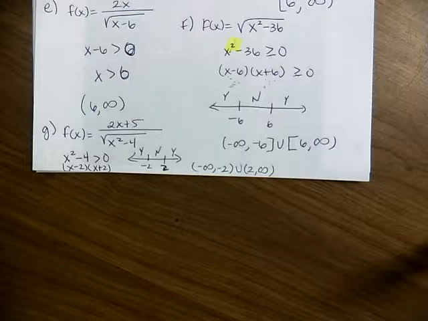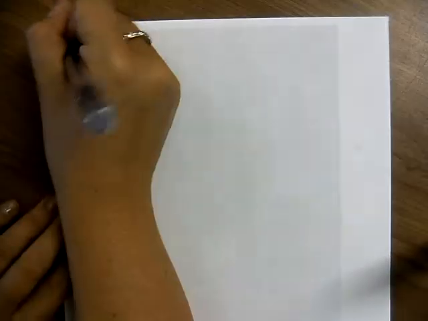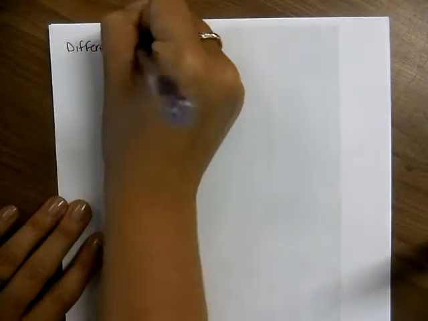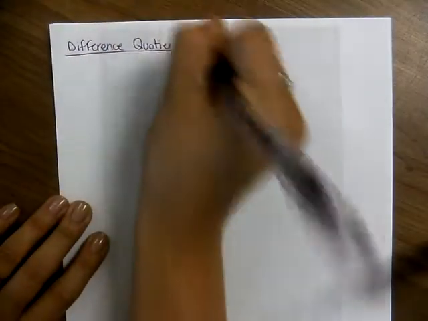Okay, we have one more big idea to talk about. And that is the difference quotient. This is going to come up again for the rest of the year, and it comes up in calculus all the time.